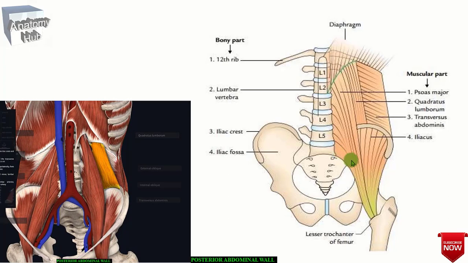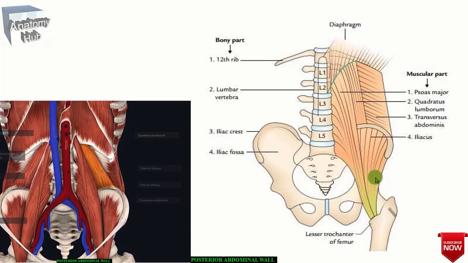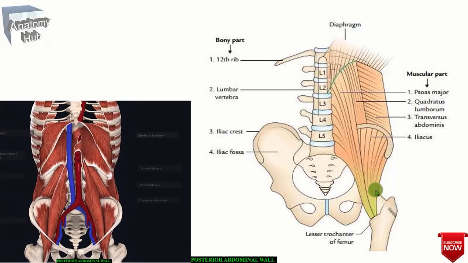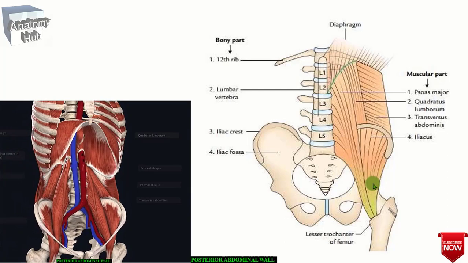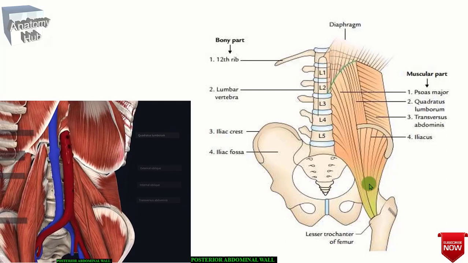Its insertion is the anterior surface of the lesser trochanter and an area 2.5 cm long below it. Its nerve supply is the femoral nerve, and its action is as a flexor of the thigh and the lumbar part of the vertebral column.